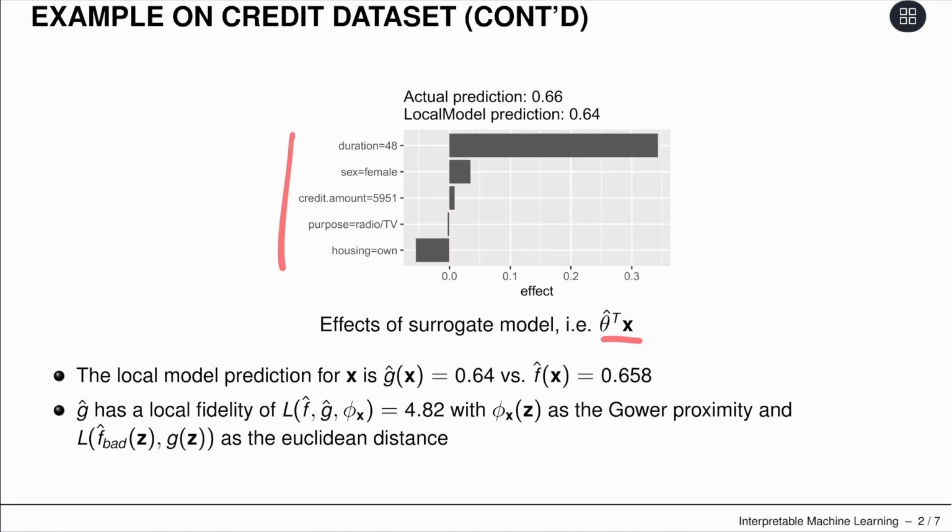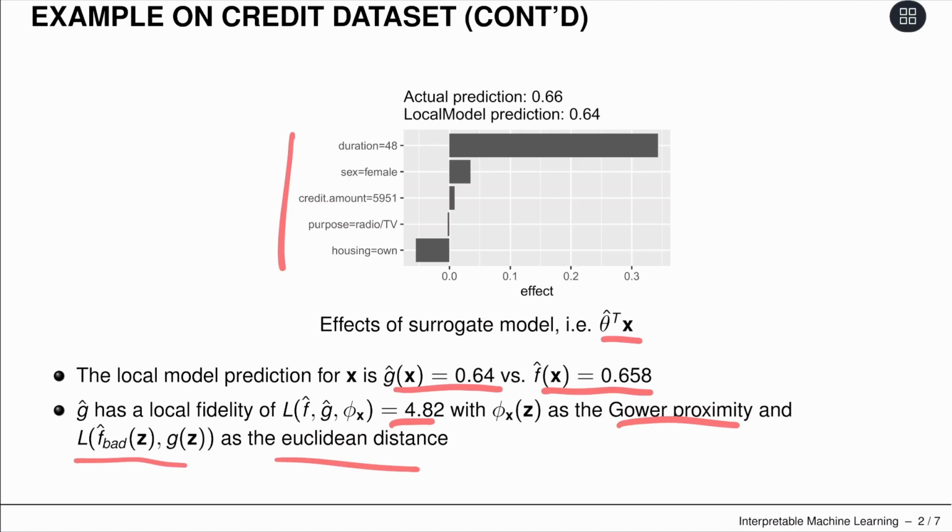We see also that the score is very similar to our original one, so at least that's well done. We can also compute the local fidelity, which would lead to that kind of number, where we use the Gower proximity and for the loss directly the Euclidean distance, so L2 loss.